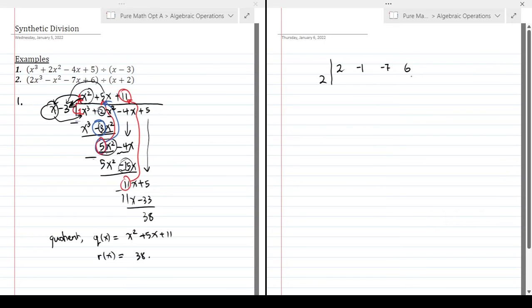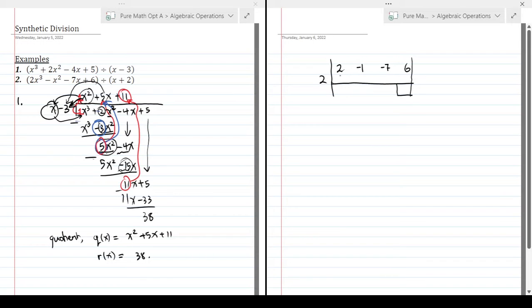I continue drawing my blocks. There are 4 place values in this structure, so I'm going to have 4 numbers down here. I box off the last space, and whatever goes into that space is going to be the remainder.